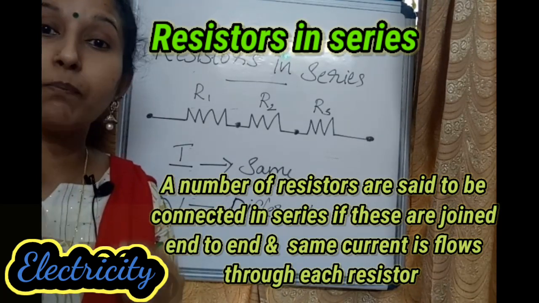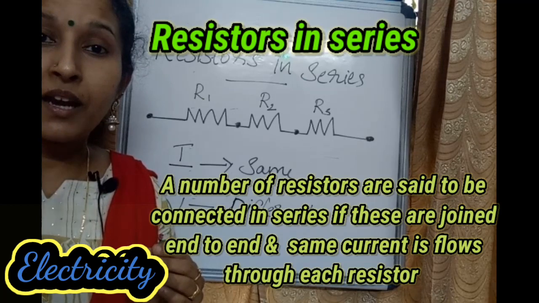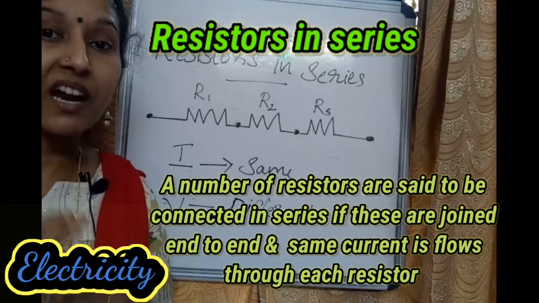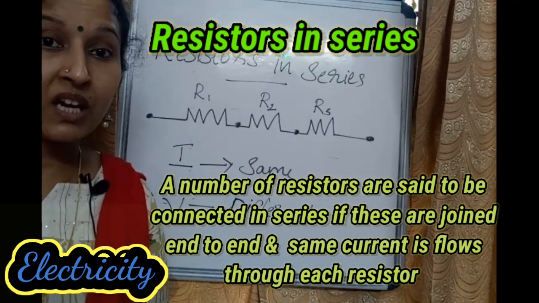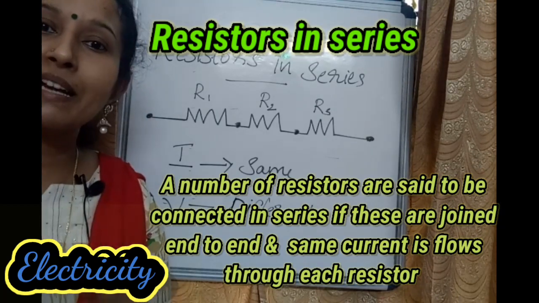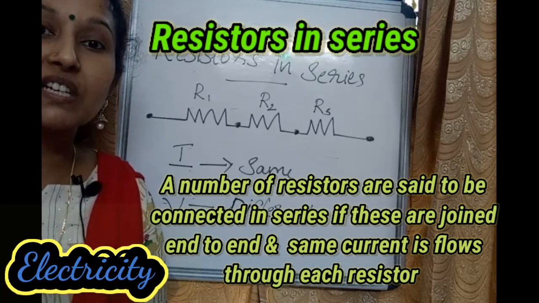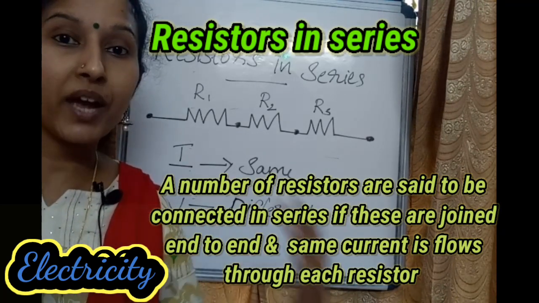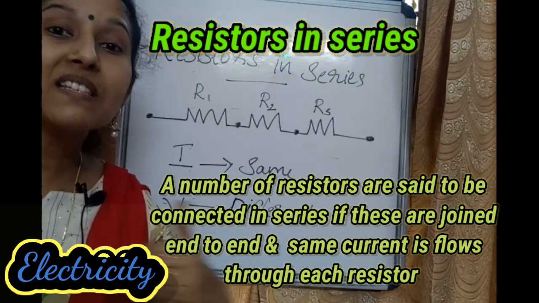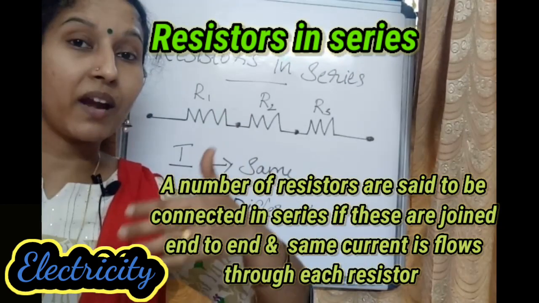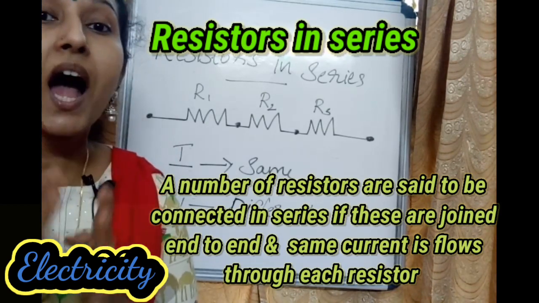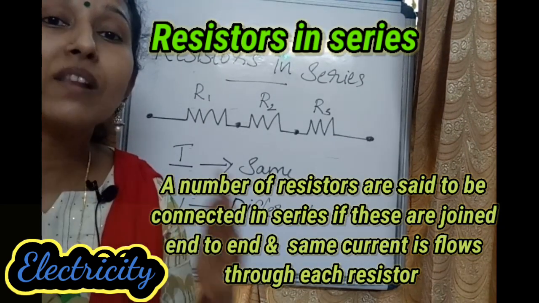Another very important point in series connection, which will help you to derive the equation for series connection: in series connection we connect different gadgets or resistors one by one, or end to end, in a straight way. Which means in series connection I is the same for all the resistors.